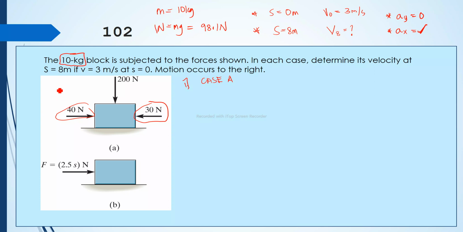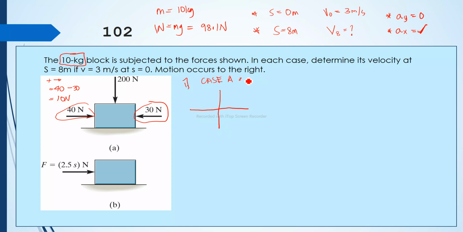We have a 40 newton force towards the right, so all forces towards the right should be positive, minus 30 newtons, that is towards the left. Then the net horizontal force acting here is just 10 newtons. This is just to make it easier for you to plot the forces in our FBD.